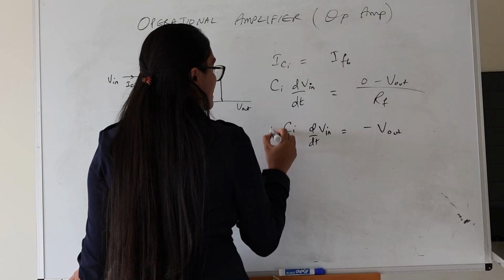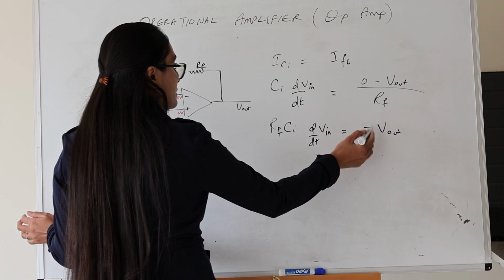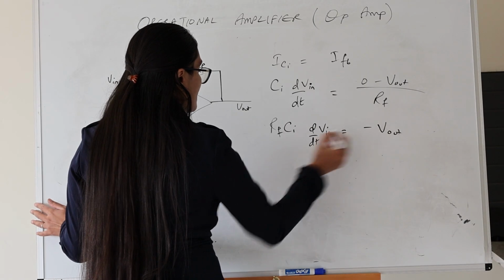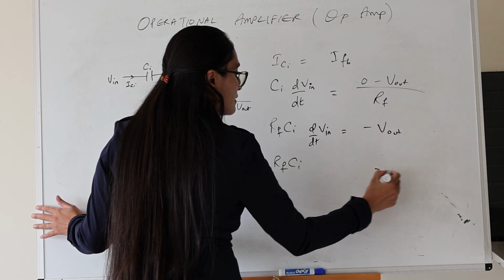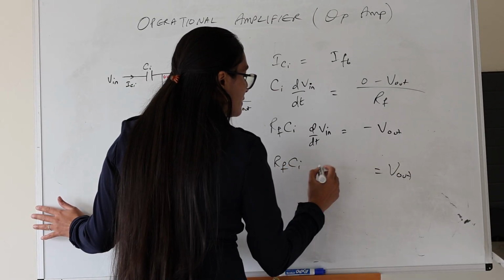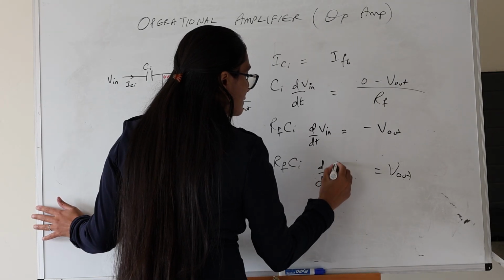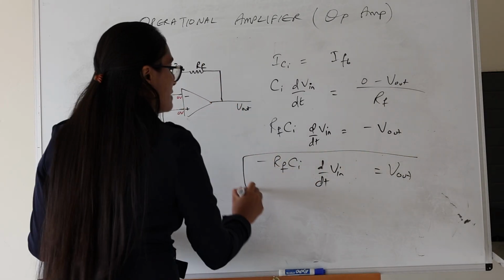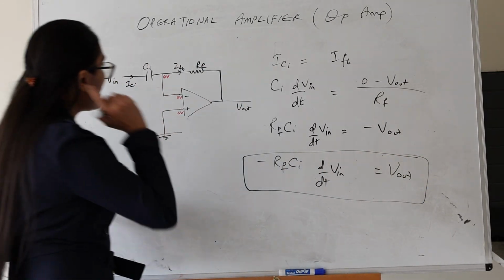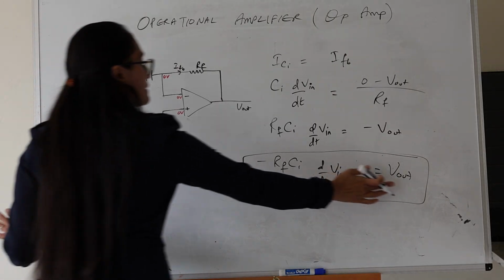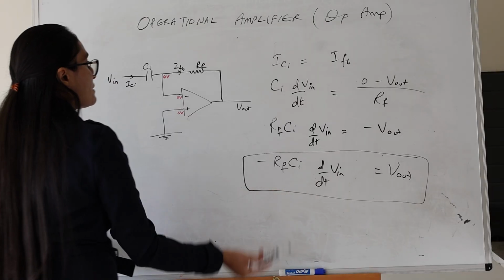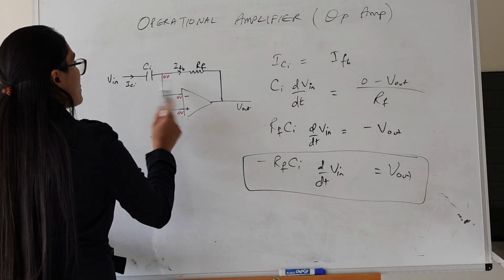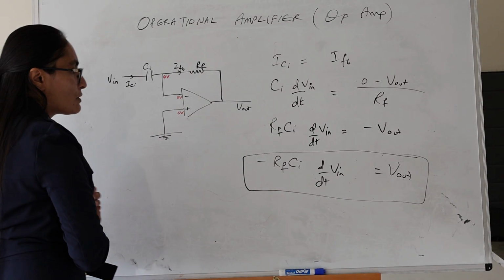I'm just going to take this RF and this minus sign to the other side so we have a neat V out, which is minus RF C times dV in/dt. So this is the differential op-amp. The output is the differential of the input, and we have this factor determined by whatever values of capacitor and resistor we choose.